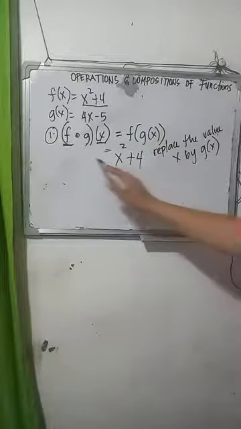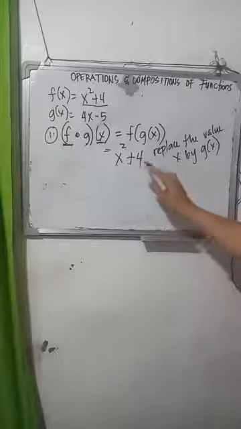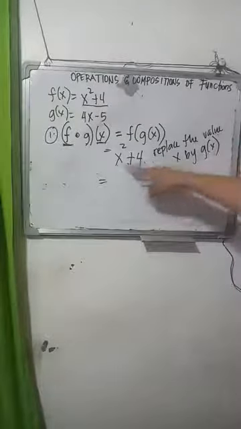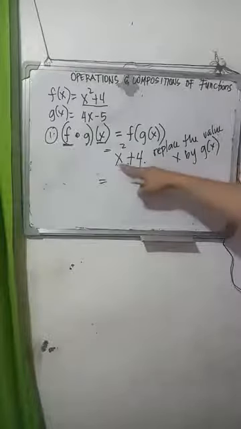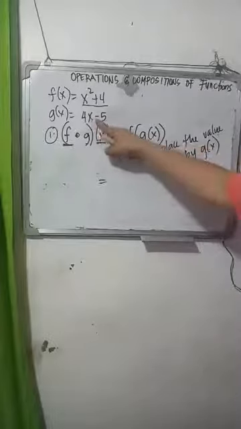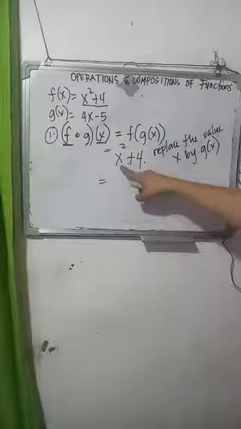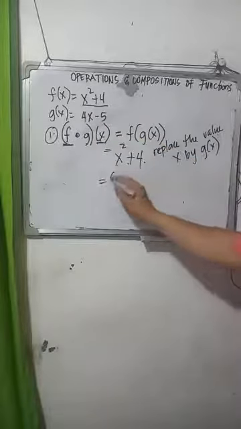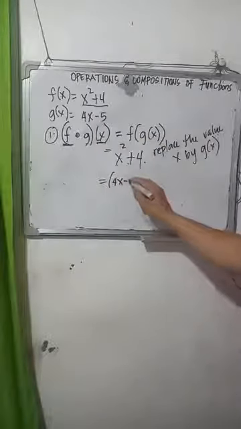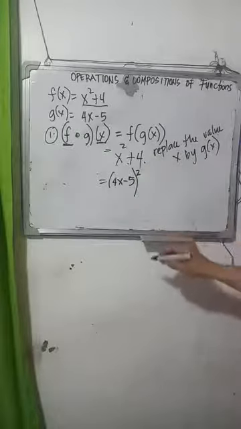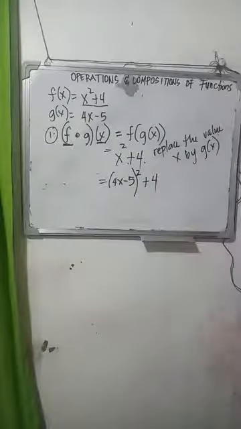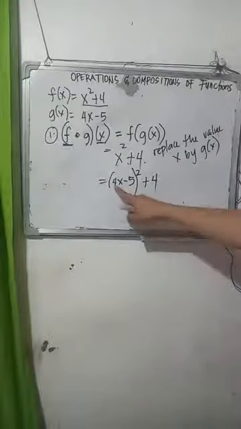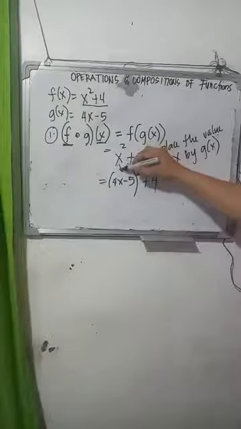The value of f of x is x squared plus 4, so we replace x with the value of g of x, which is 4x minus 5. So that is (4x minus 5) raised to 2, plus 4.